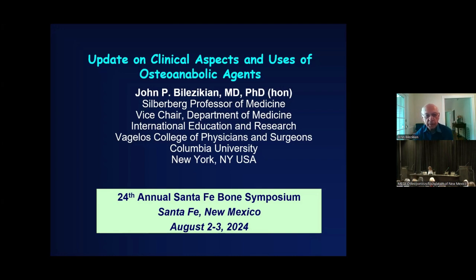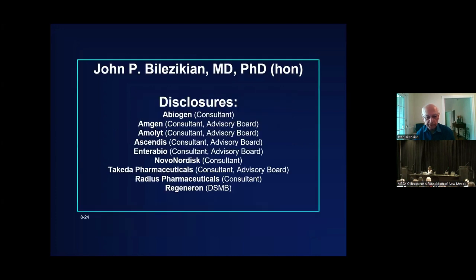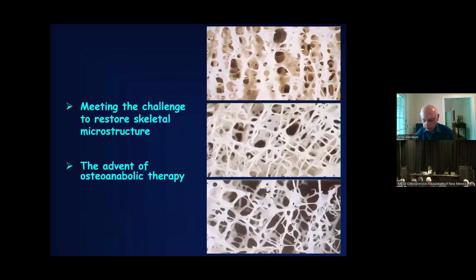So today we're going to review and update us all on clinical aspects and uses of the osteoanabolic agents. These are my disclosures. So let us start with the basic point. What are we trying to do when we treat individuals who have osteoporosis? What we are trying to do is to improve their skeletal health.